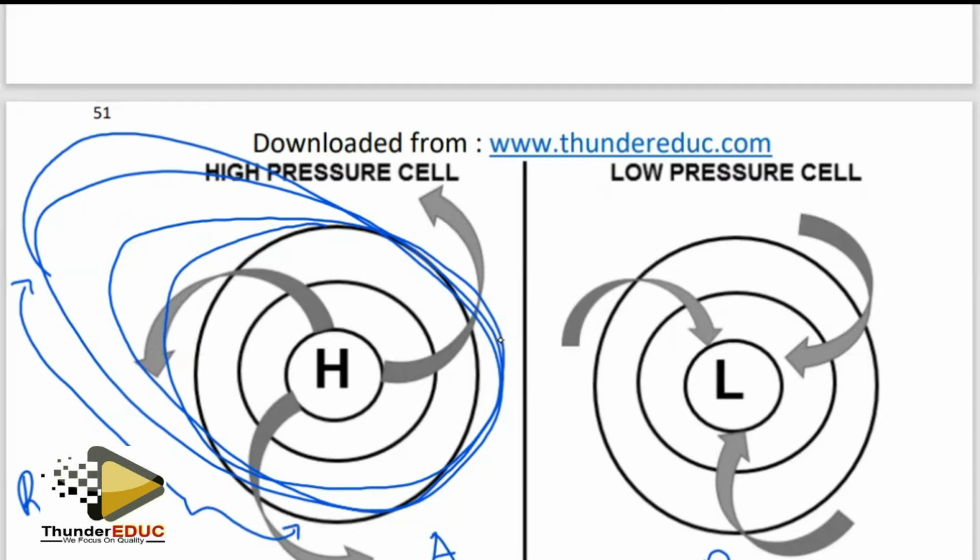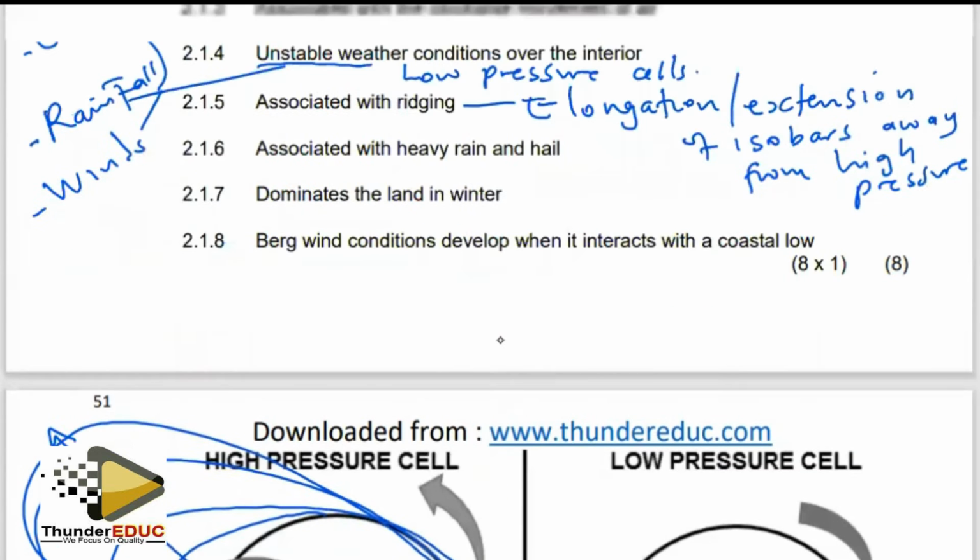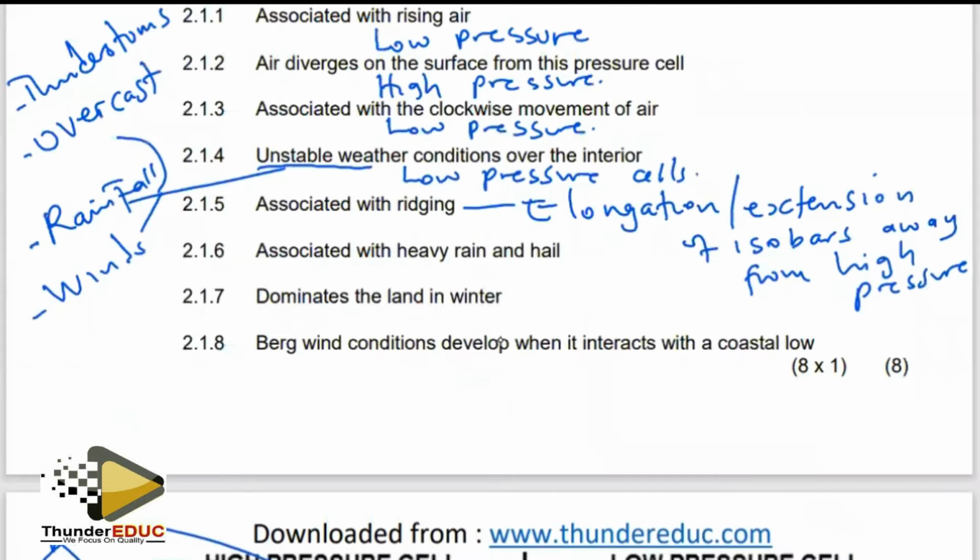Isobars are extending, you see, towards that other point. So that is ridging, which is common of high pressure cells. So we say high pressure.